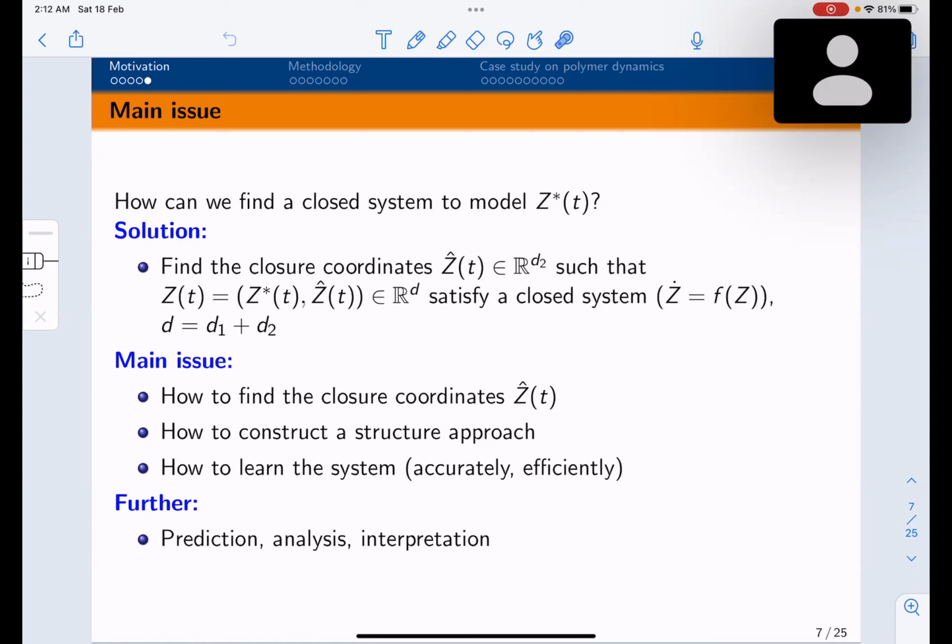Xiaoli, I have a question because I'm confused now with the little d and the big D. So Z of t is dimension little d, but the coordinates are in capital D, and D1 is small, but D2, I don't know how big D2 is. We don't know these things in advance, right?